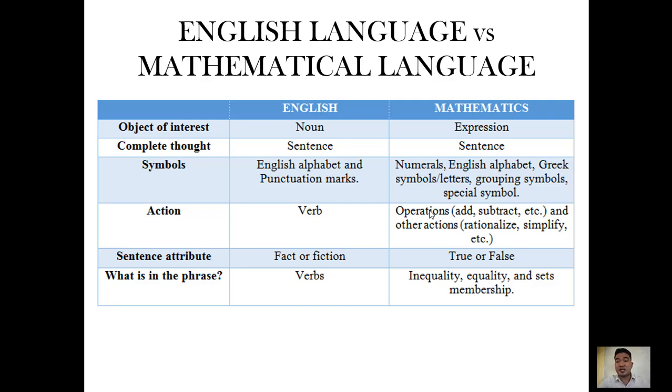Before we fully understand the language of mathematics, we should have a better understanding of the distinction between a mathematical noun, which is used to name mathematical objects of interest, and a mathematical sentence, which is used to state a full mathematical thought. Let us take a look at this table. It compares the English and mathematical language.